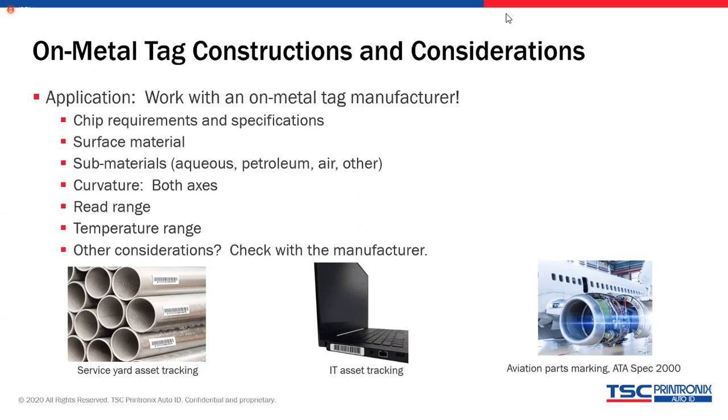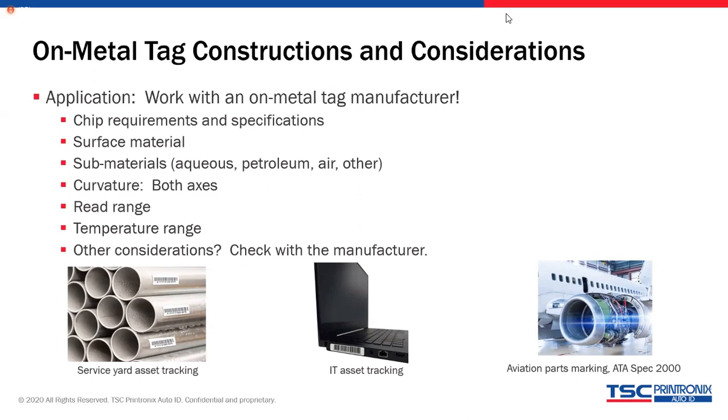So you want to check and make sure that the tag can be used from an RFID perspective in the temperature range that you're looking at. And finally, there are probably and possibly other considerations that you need to take into account. So make sure to check with your tag manufacturer and ask about those considerations.